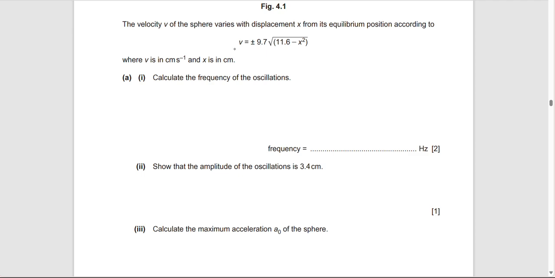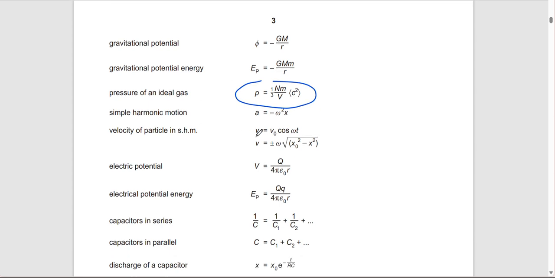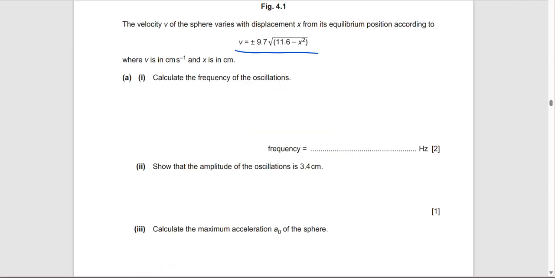Okay, so if you look at this equation, this is exactly the equation that we get for calculating the velocity in simple harmonic motion. Right. So we know that whatever value is here is going to be the angular frequency or angular velocity, and then the value here is going to be the amplitude, and this is just going to be the displacement. All right. So if we go back to our equation, we know that the angular frequency right there is going to be 9.7.